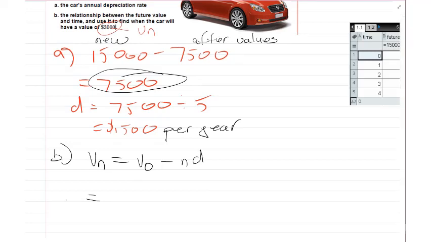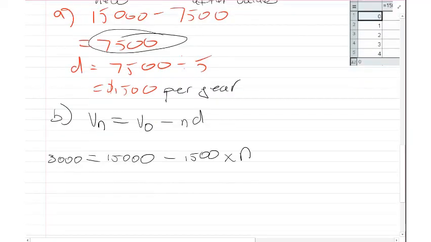So we know that that's 3,000. We know that V0 is 15,000. We know that D is equal to 1,500. And we're after N because we use it to find when the car, so how long.